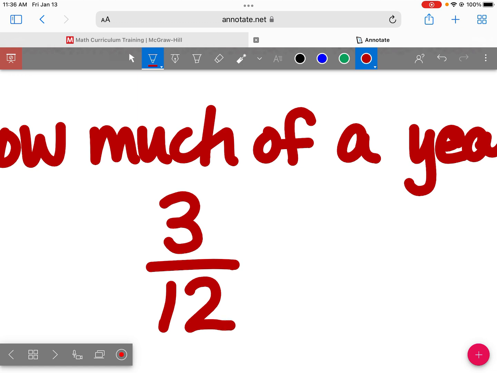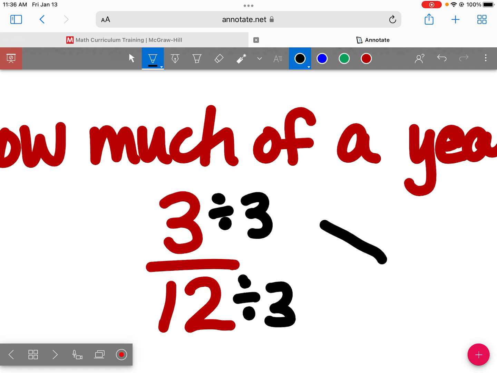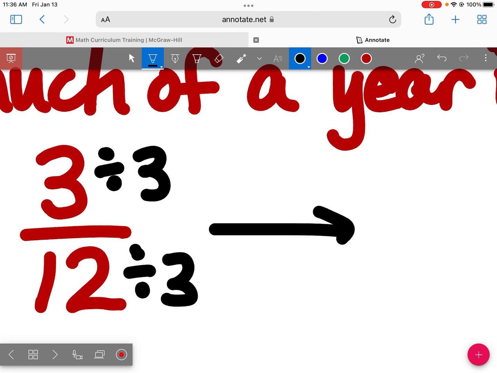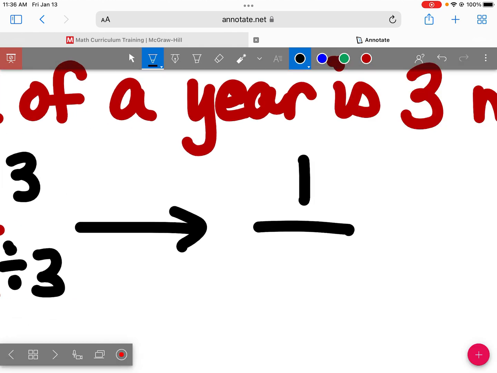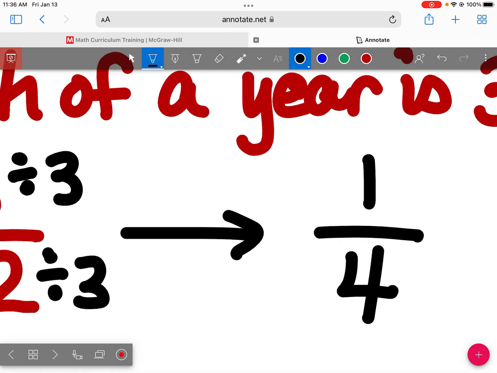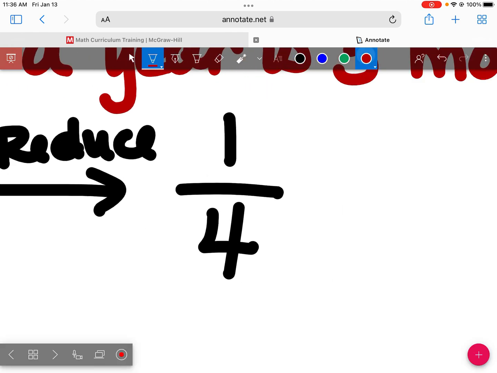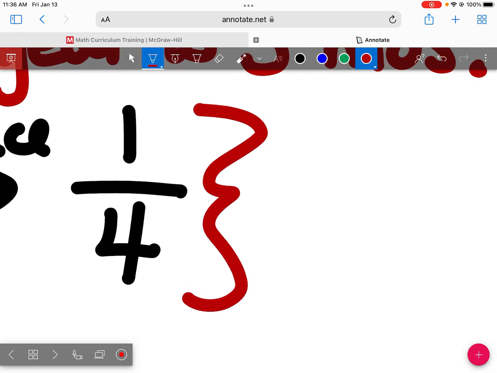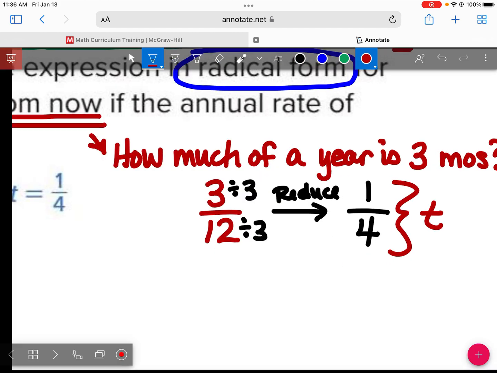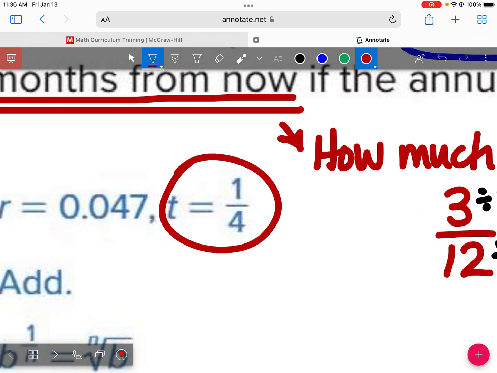Can I reduce that fraction down at all? Yes, I can reduce it down. I divide them both by 3 to 1/4. So this is my time, T. And they wrote that down for me right here.